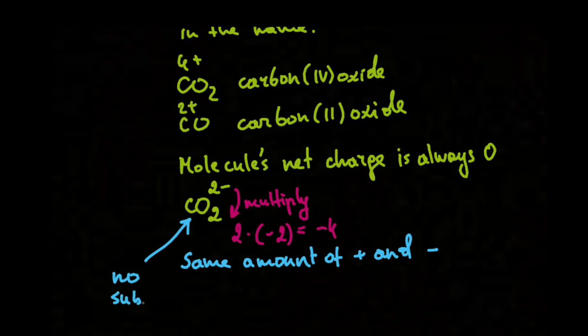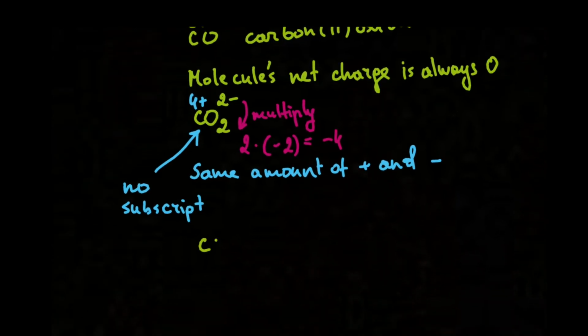So its charge must be 4+ to balance out negative particles. What about CO? Well, oxygen, once again, is 2-. And because it doesn't have subscript, we don't need to multiply this time. So we have 2 negative particles, so carbon must be 2+.